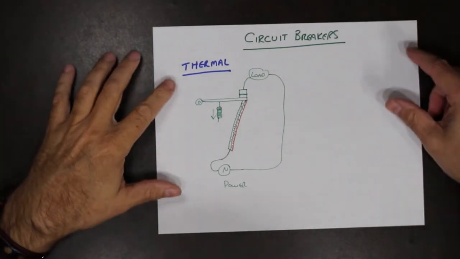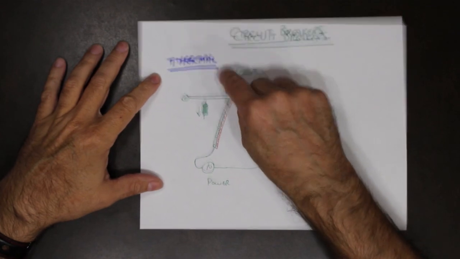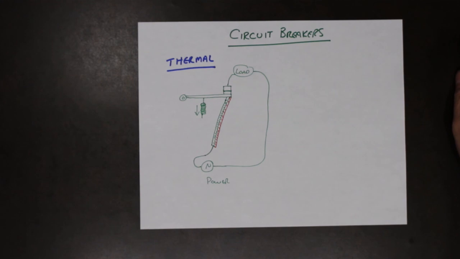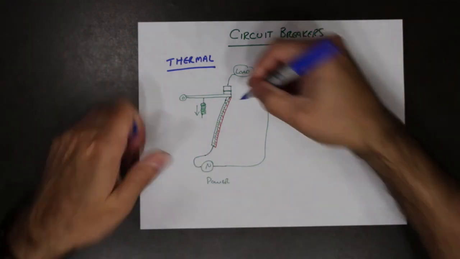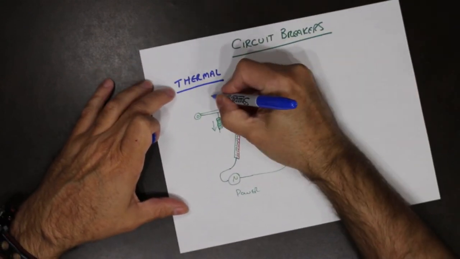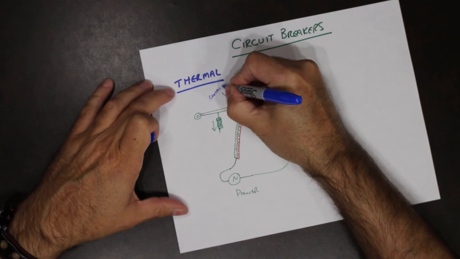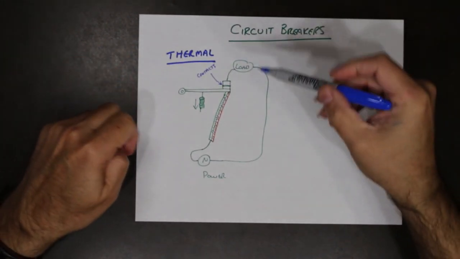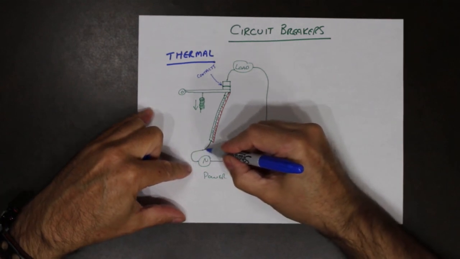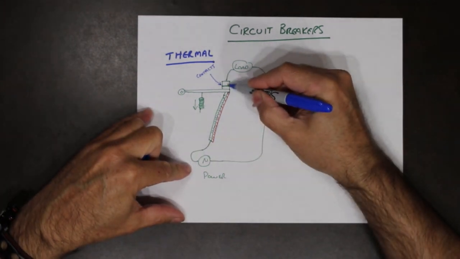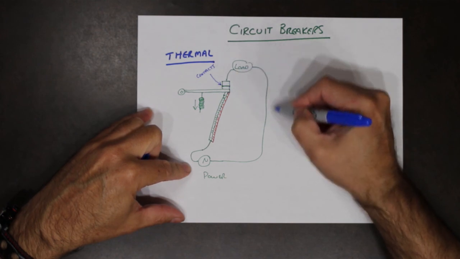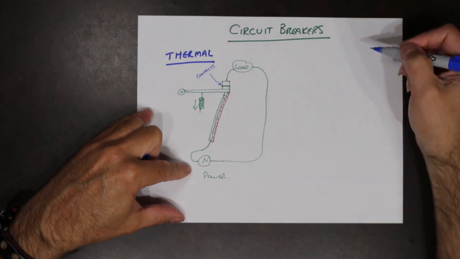Okay, so the thermal circuit breaker. Basically what we have is a set of contacts. Here's where the circuit is made or broken. Under normal use, current can flow up through the contacts to the load, and return to the power supply.